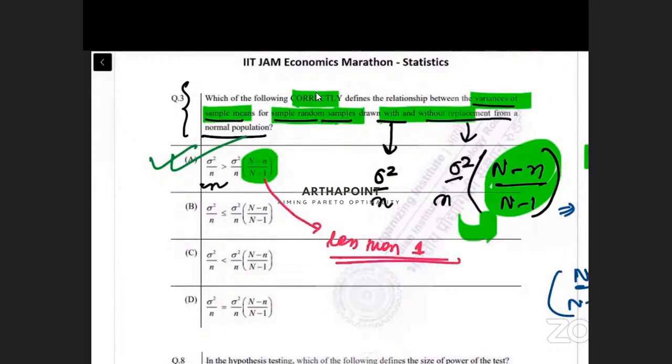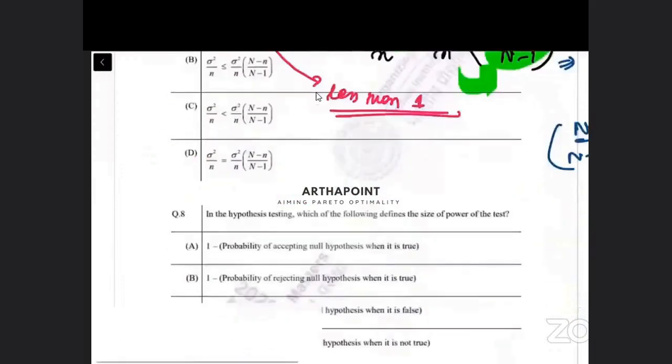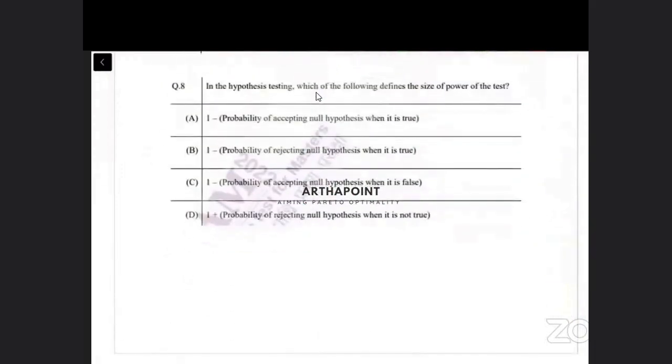Okay. Now let's go to the second question. In hypothesis testing, which of the following defines the size of the power of the test? Now just think about it. We have learned two things: one is called type 1 error, and the other is called type 2 error.